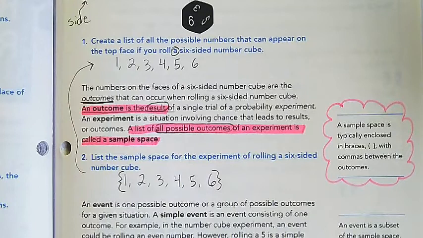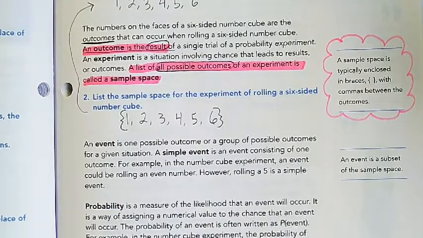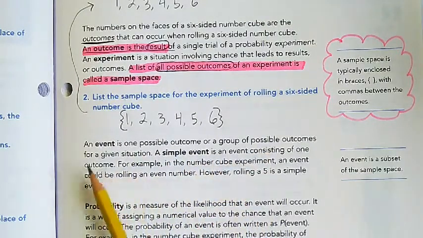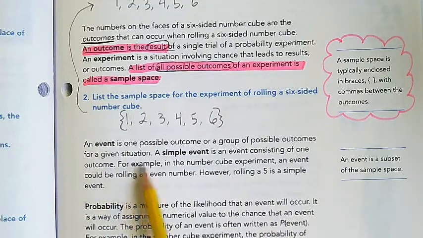So far, outcome is the result. Sample space is a list of all of those outcomes with fancy little brackets around it. Go ahead, Ariel. An event is one possible outcome or a group of possible outcomes for a given situation.